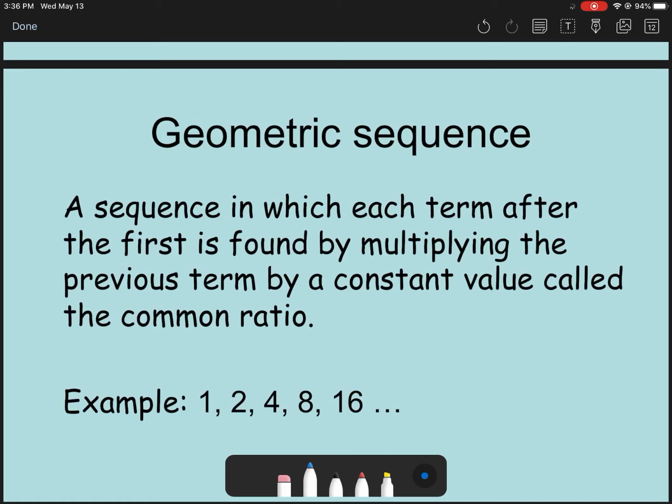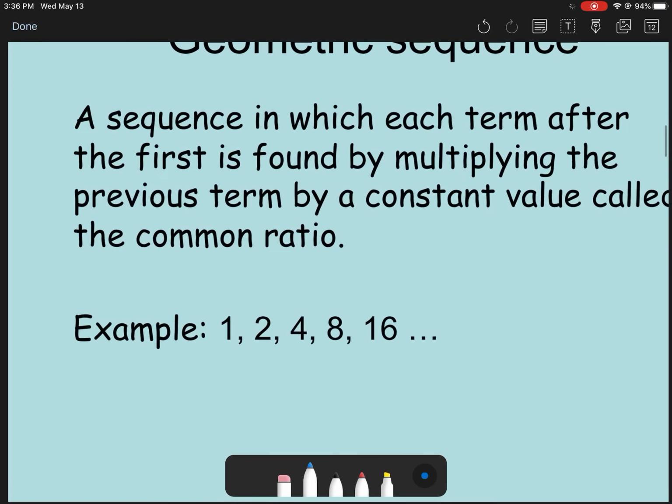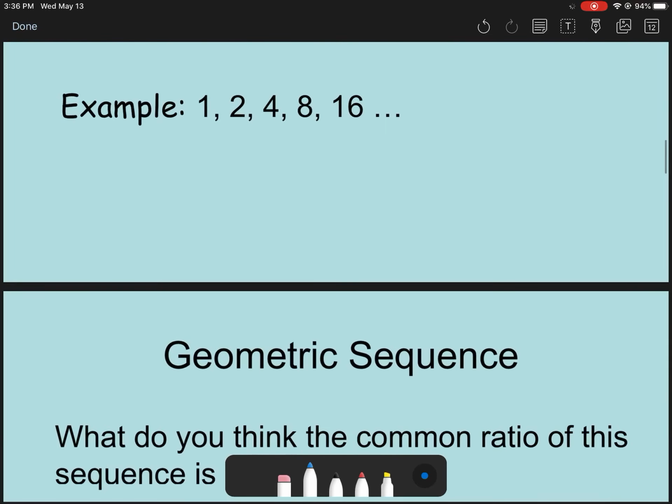A sequence in which each term after the first is found by multiplying the previous term by a constant value called the common ratio. Okay, so just like the example that we saw.